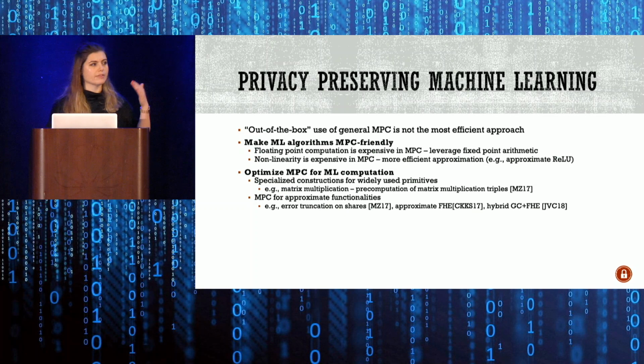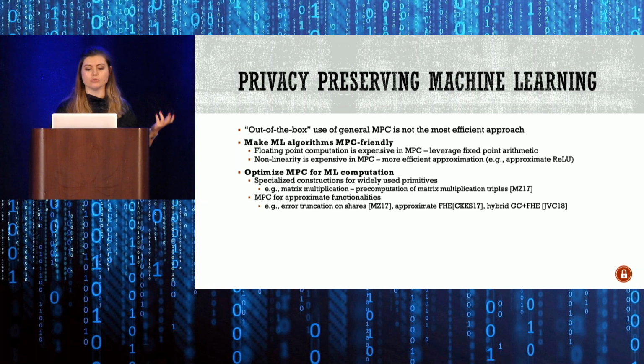Also, we can go from the other direction, where we'll be optimizing secure computation techniques for machine learning algorithms. In particular, we can come up with specialized primitives that are targeted at widely used functionalities, such as matrix computation in machine learning, or we can build MPC protocols that exploit the fact that we'll be interested only in approximate computation.